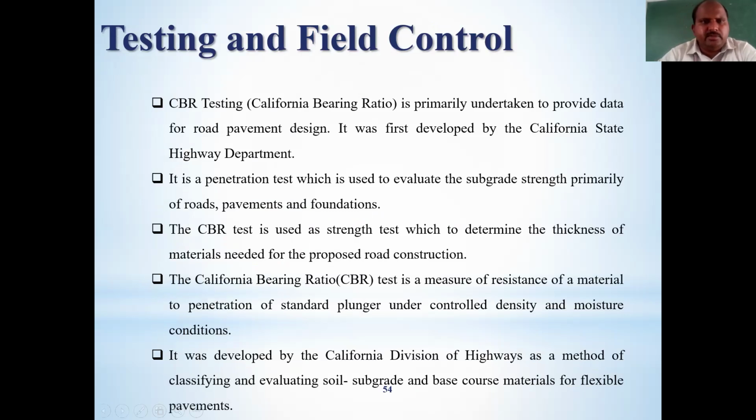So in that soil stabilization, we are using various testers and also field control measures. In that testing, CBR, that is California Bearing Ratio, is primarily taken to provide data for road pavement design.